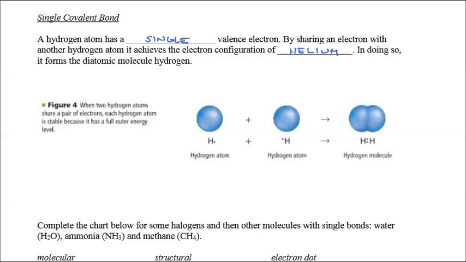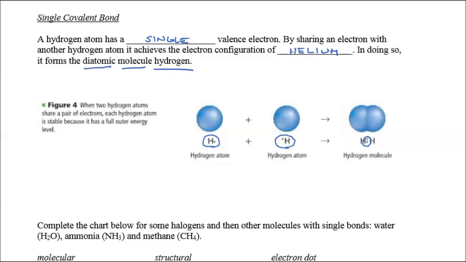In doing so, it forms the diatomic molecule hydrogen. So H with one dot for one valence, another H with one dot for one valence. They share the electrons between the two and form the diatomic, 2 atoms, hydrogen molecule.